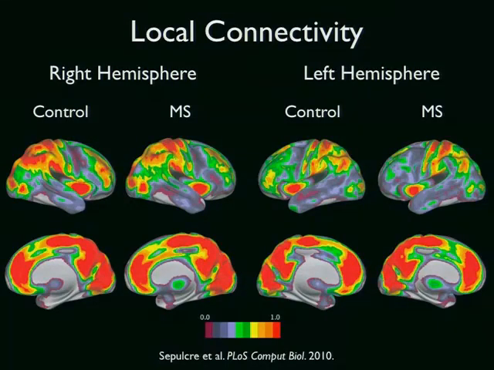And in the case of resting state connectivity, we regress out white matter signal, but there may also be some advantages to looking at some of these local connectivity measures actually within the white matter as well.